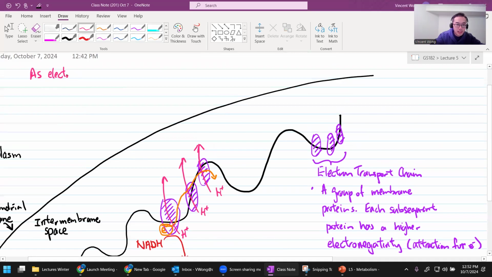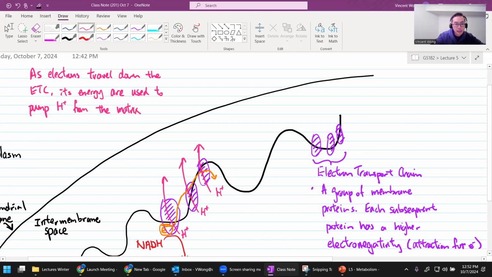Okay, so I'm going to write it down over here. As electrons travel down the ETC, its energy is used to pump H plus from the matrix into the intermembrane space.